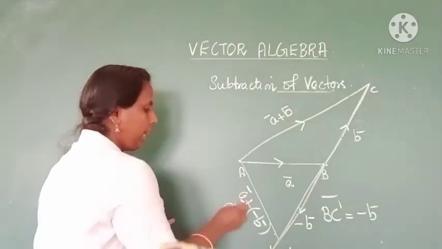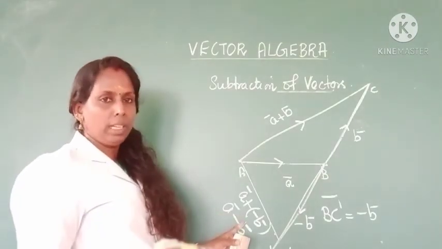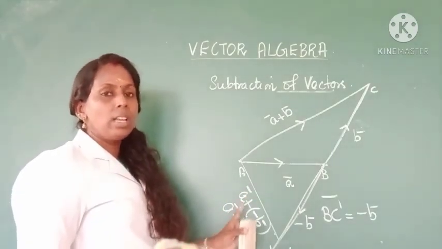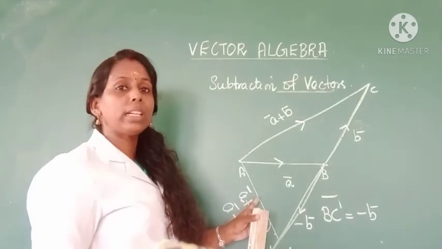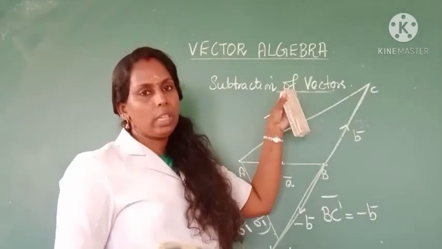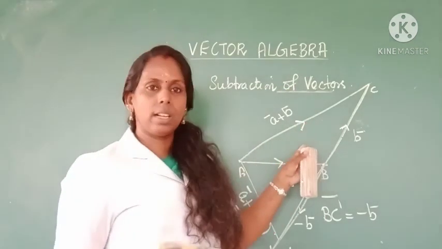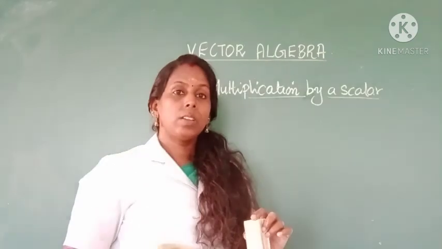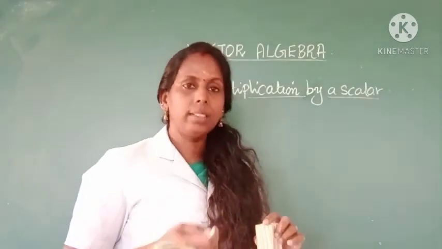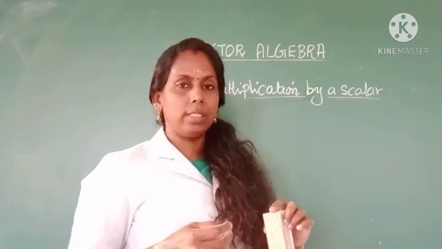It is vector A minus vector B. So this is known as the triangle law of vector subtraction, or simply subtraction of two given vectors using the triangle law of vector addition. Okay, we know how to add any two vectors, how to subtract any two vectors, isn't it?